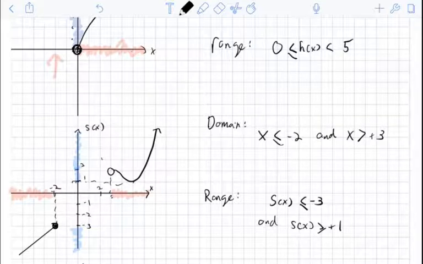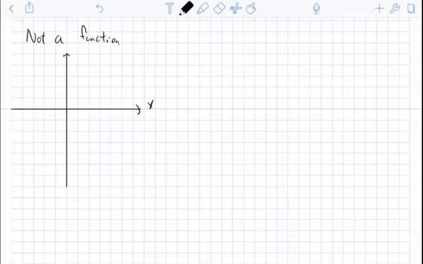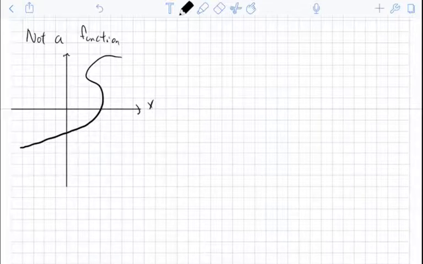All right. Which brings us to our next topic. Is it possible for one of these lines to not be a function? We always bring up whether or not something's a function. So this line can't represent a function. And the reason for that is simple.